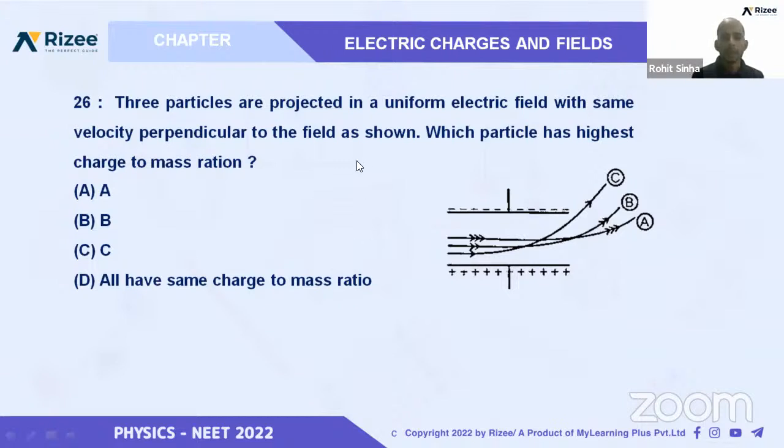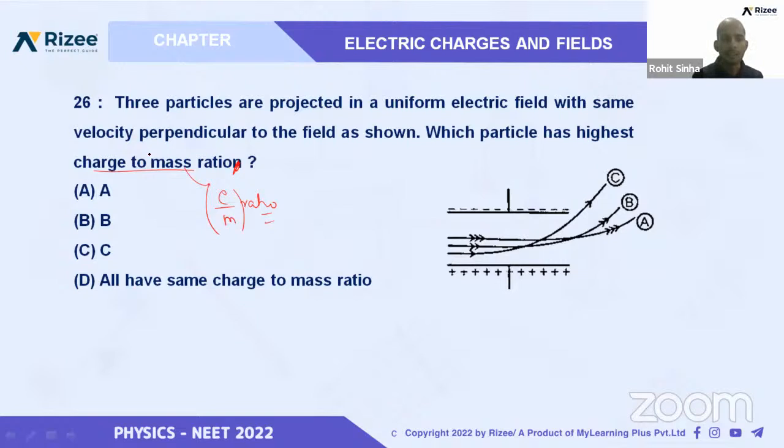Now, I'm telling you one thing. It is telling that charge by mass ratio. It is called the E by M ratio. It is not ration, it is ratio. Which particle has the greater E by M ratio, given the same velocity in a field?